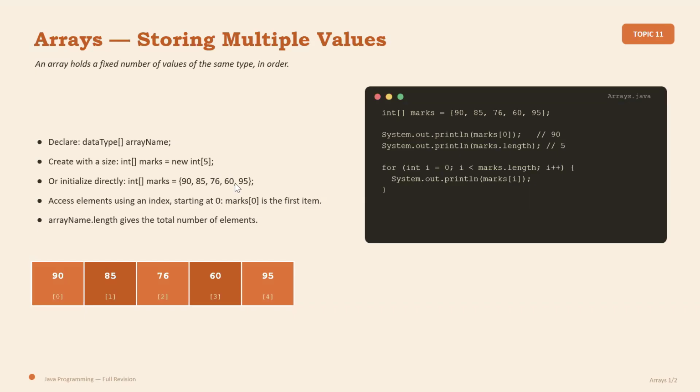So one important thing to remember is that array index starts from 0, not from 1. So in this example, see, it starts from 0, 1, 2, 3, 4. But in total, I'm going to store 5 values. So the length of the array is 5.